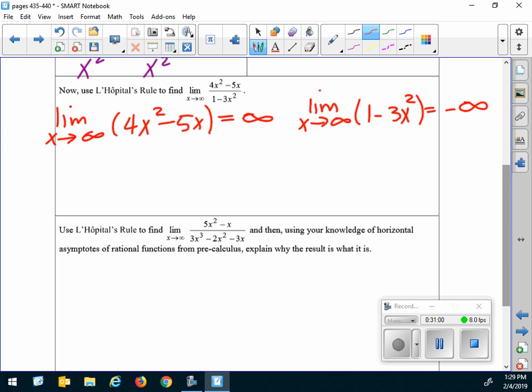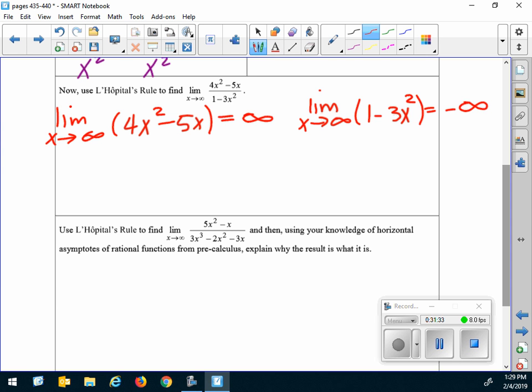Remember, infinity is not a number. Infinity is an idea. Look, if I take a huge number and I square it, and then I subtract the original number, I'm still huge.